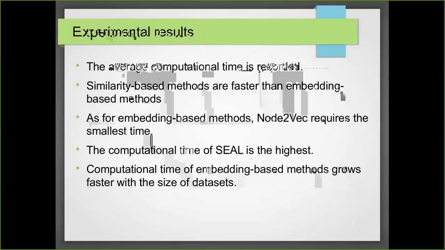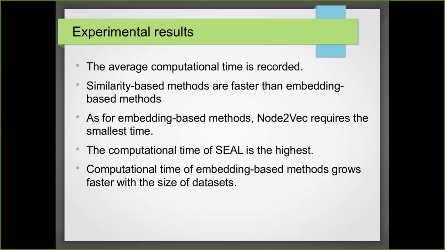And in terms of computational time, obviously similarity-based methods are faster than embedding-based methods, because similarity-based methods do not need training. And among embedding-based methods, node2vec requires the smallest time, because the other three methods depend on neural networks. Neural networks take much time to train the whole network.